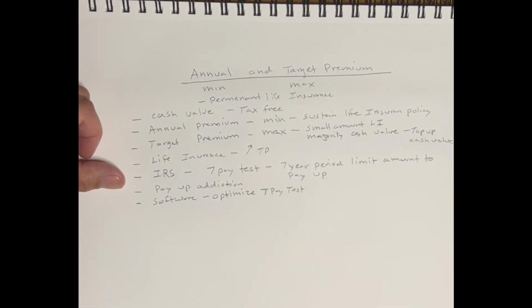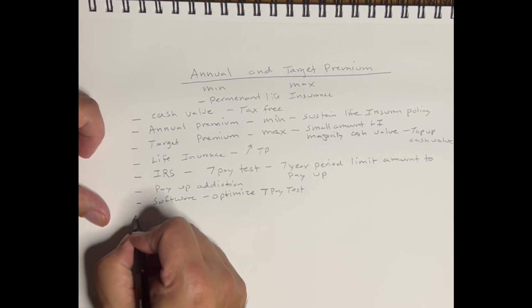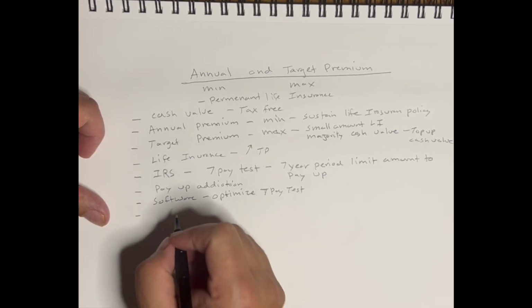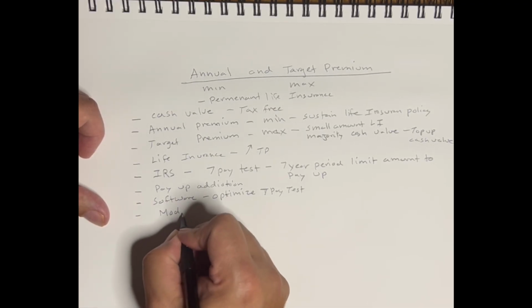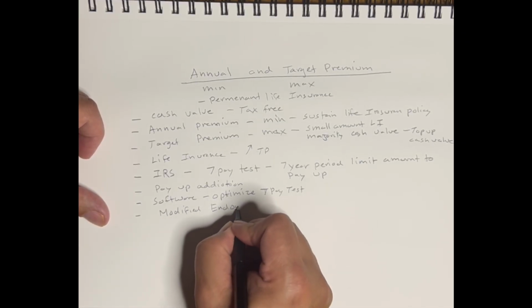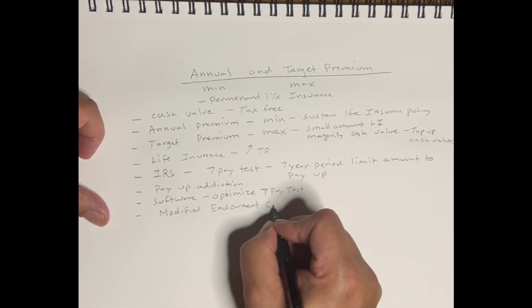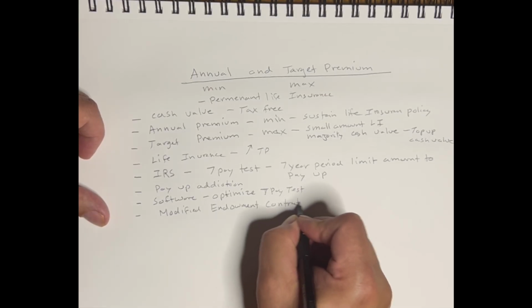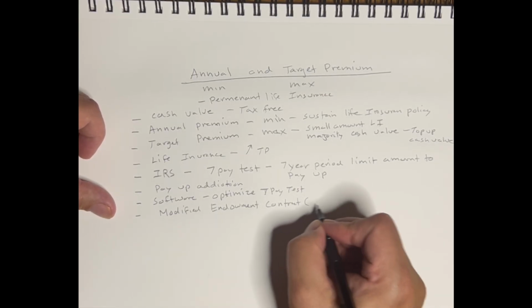This software builds you an illustration, builds a life insurance policy, but what we're really trying to do is prevent the policy from becoming what's called a modified endowment contract, or what's called a MEC.